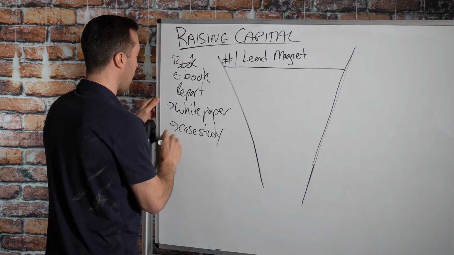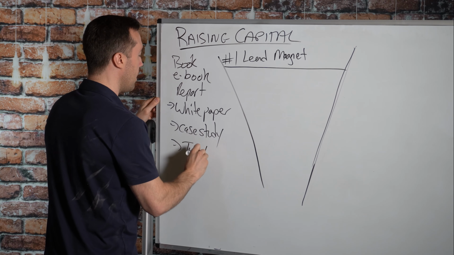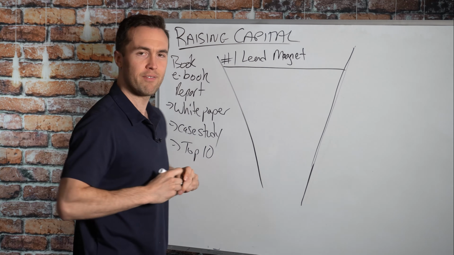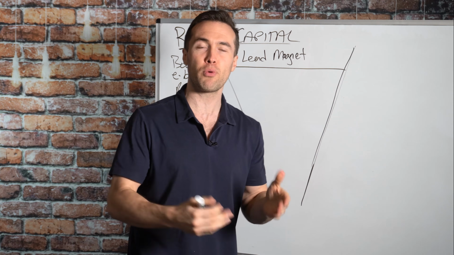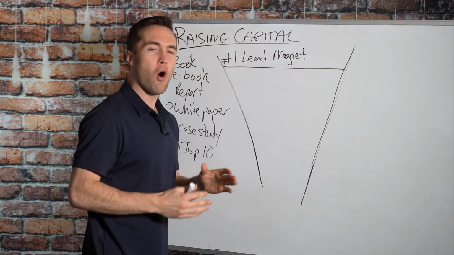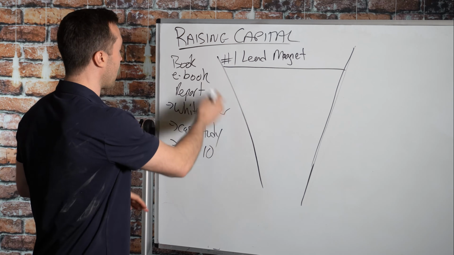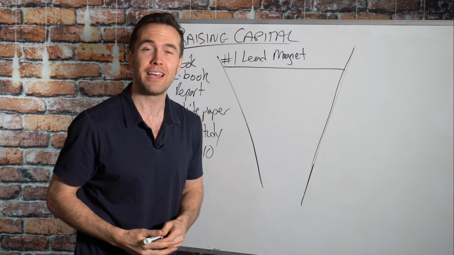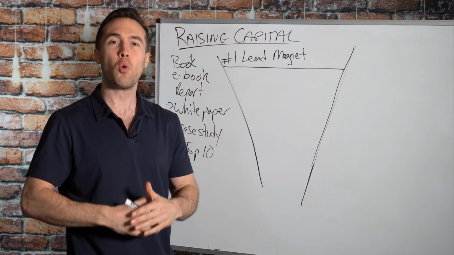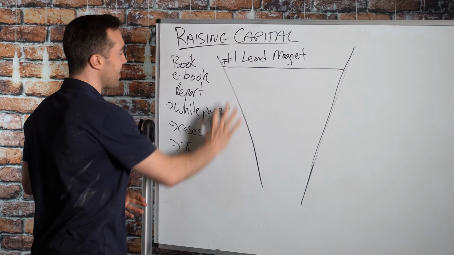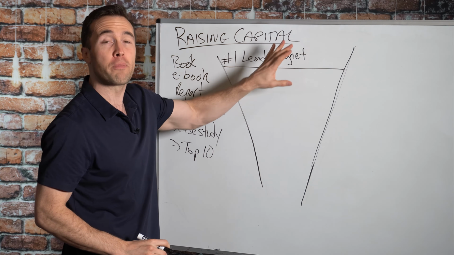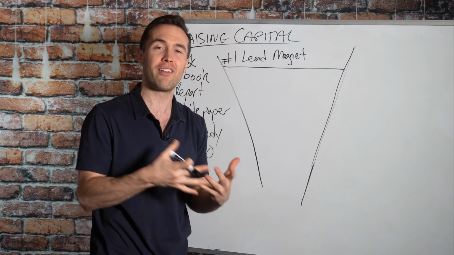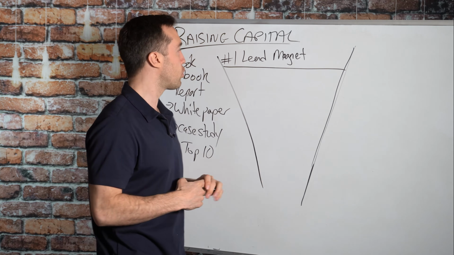We can have a top 10 list, like the top 10 mistakes real estate investors make, or the top 10 steps to get started as a brand new real estate investor. And this is just the tip of the iceberg. You can have a webinar, a web class, a challenge, whatever it is. It's something designed to attract the attention of your ideal prospect, somebody who is interested in possibly investing in your real estate deal.